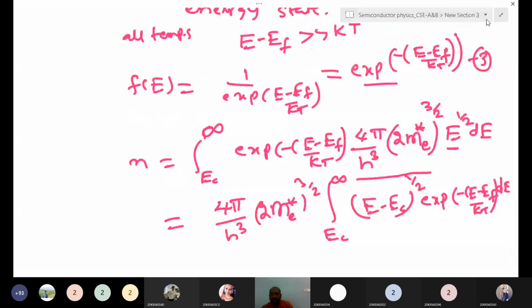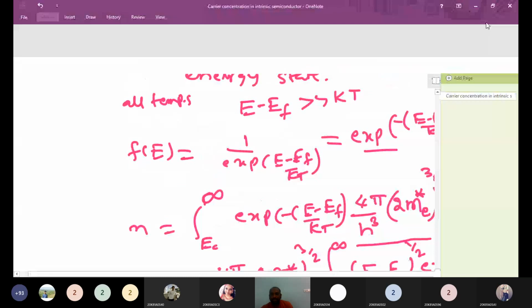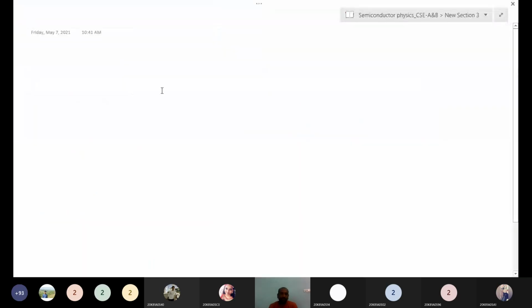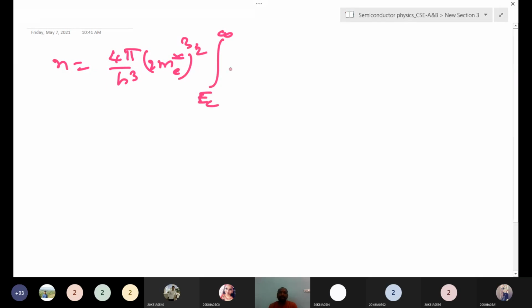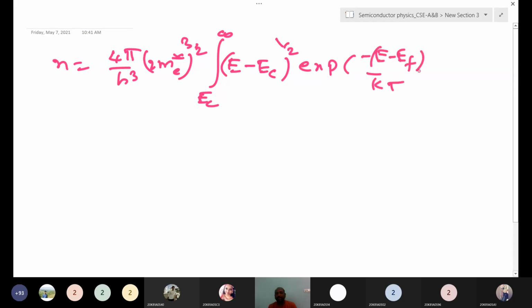Let's take another page, then we can solve it freely. We have 4 pi by h cube, 2m star by h squared to the power 3 by 2, and the integration from EC to infinity, with E replaced by E minus EC to the power 1 by 2, and the exponential of minus (E minus EF) by KT, dE. Now, how do we solve this integration?